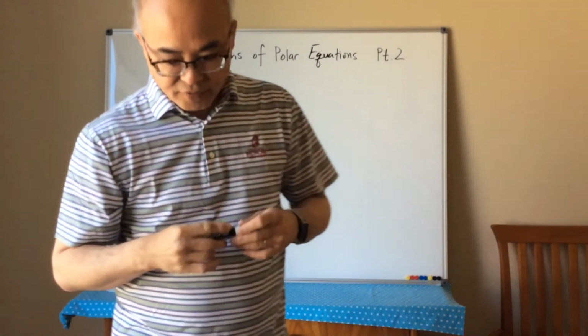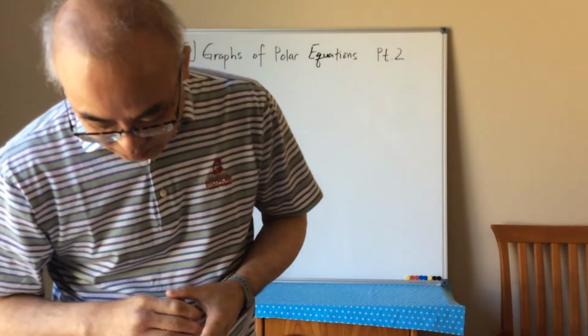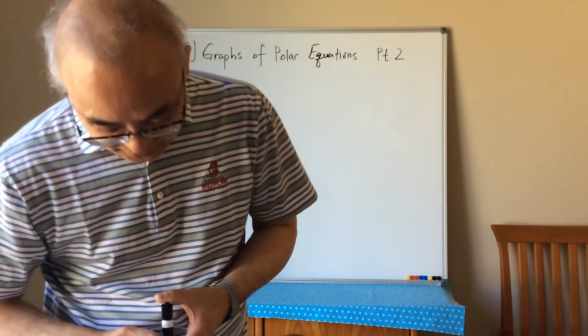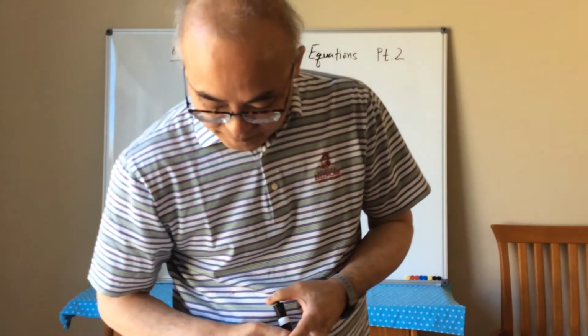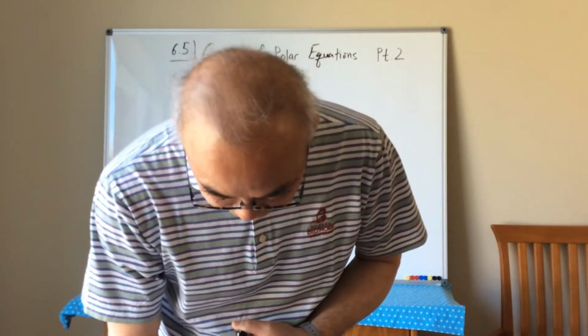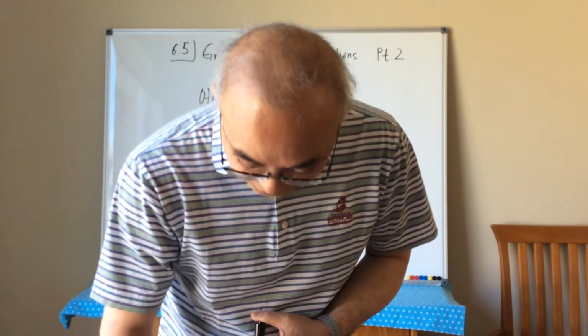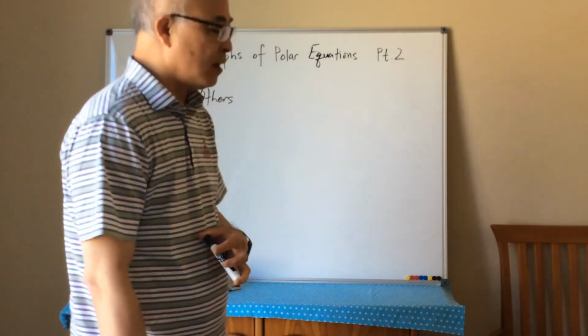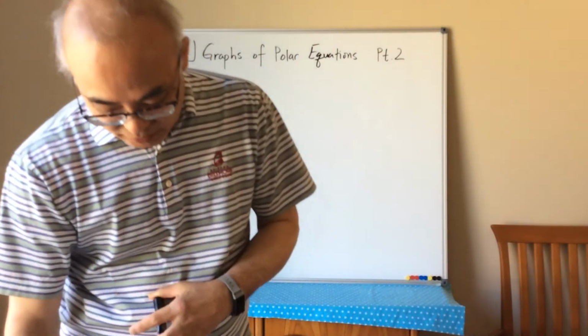Looking at example number 7, you could have r equals theta. If you graph that, you get the very top one on the left-hand side, the spiral there, the Archimedes spiral, it's called.